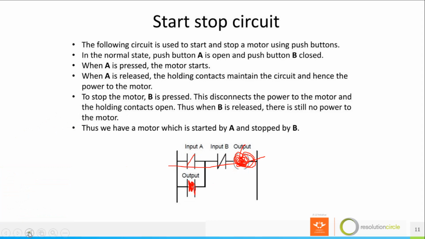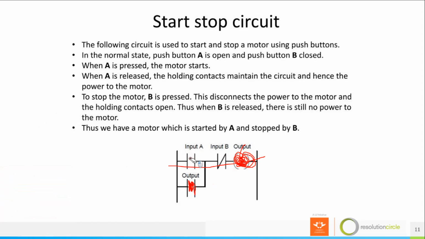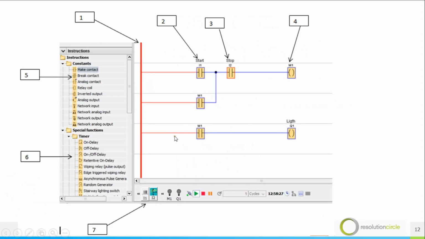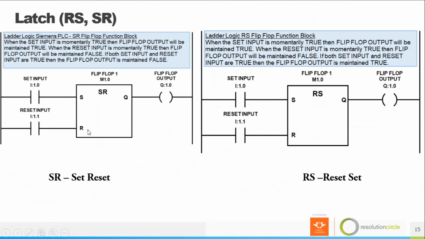Even if I release A, power will be flowing through this contact, powering your output. So this can be achieved also by the function blocks. The function blocks, we call them RS and SR.